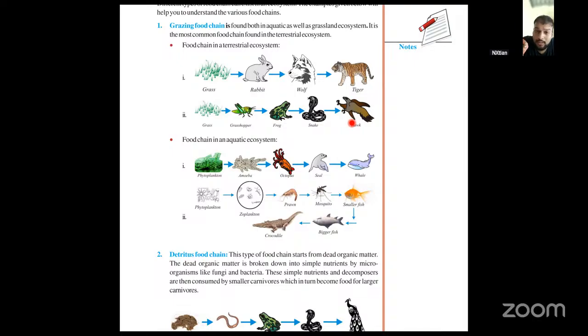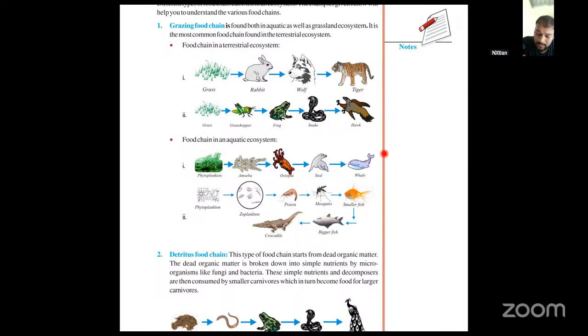It consists of two types, terrestrial and aquatic ecosystems also. They are based on the green plant for their chain. If the green plant is not there, for example, if I remove grass, rabbit won't be there, and tiger won't be there. Did you understand, guys? Yes or no?